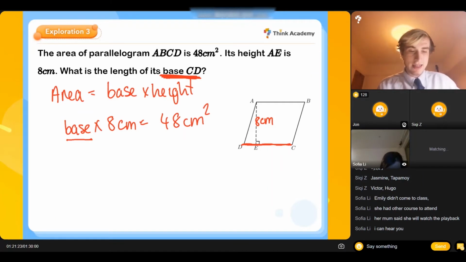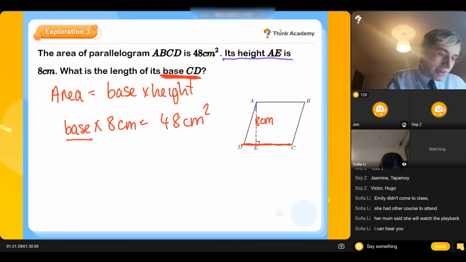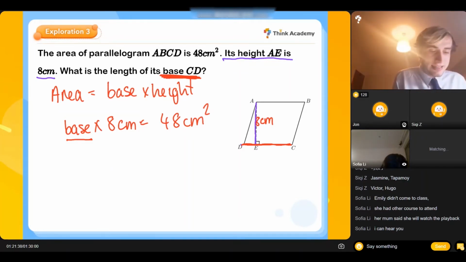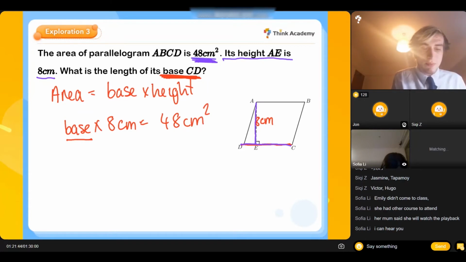I got 8, Cindy, because in the question it says the height AE, which is the length from A to E here, is 8 centimeters. And the question asks me, what is the base CD? So I know that if I multiply these two things together, I get 48 because they tell me in the question. So I just need to work out, what do I multiply by 8 to get 48? And that's how everyone's getting 6 centimeters.